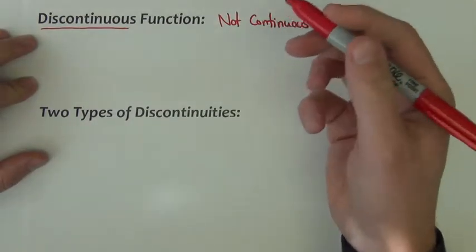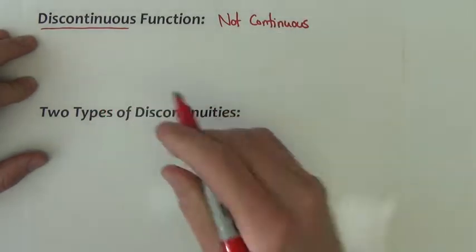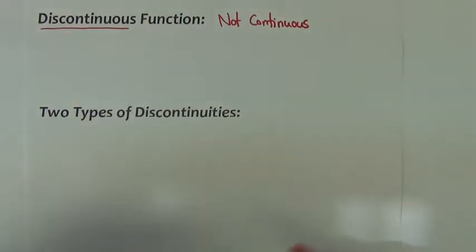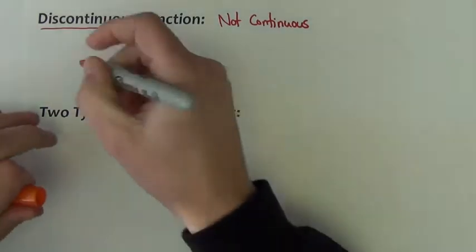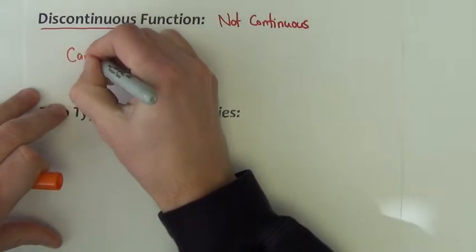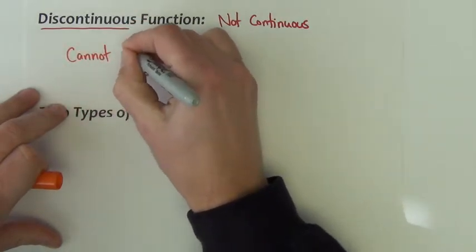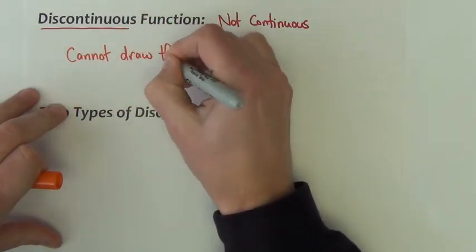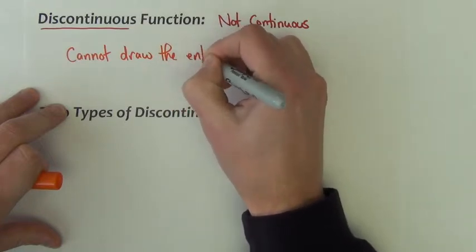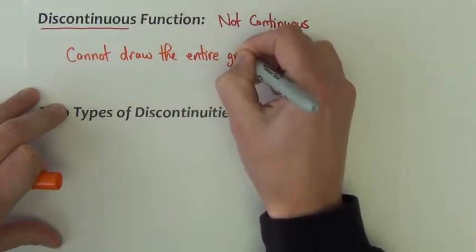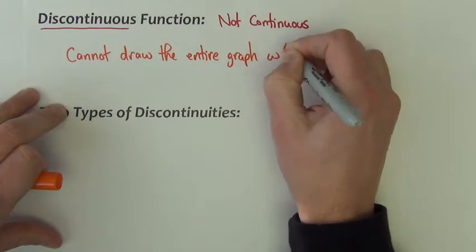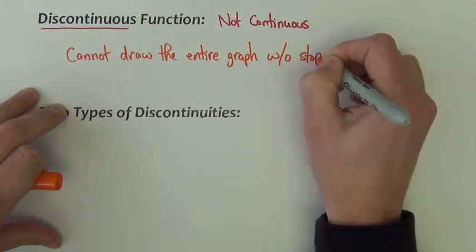Let's describe it this way: you cannot draw the entire graph without stopping.